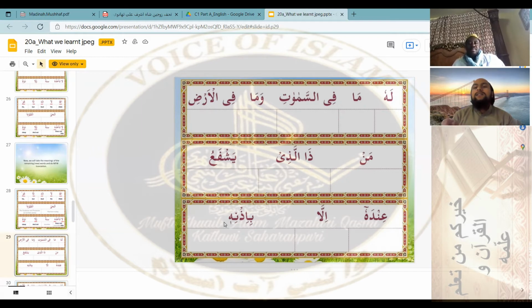Like if I say hada al-kitabu laka: laka, lakum, li, lana, lahu, lahum. Lahu means for him. And ma means what. Fi, in. Samawat, the skies. Ard means the earth.